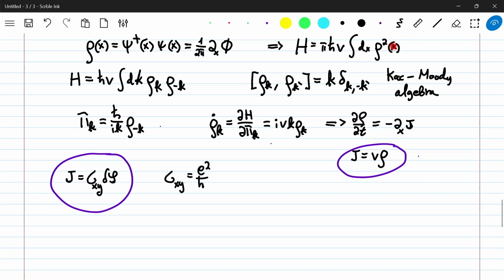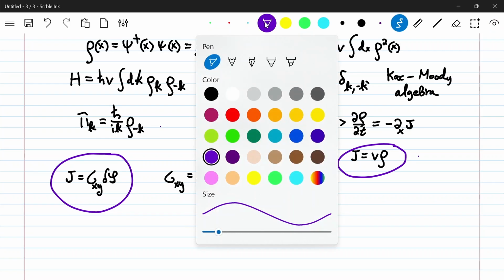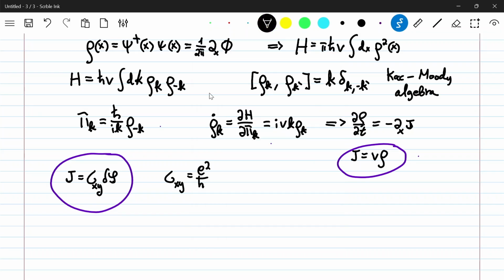I have a relation between density and current, and I have a relation between current and the chemical potential difference or confining potential. So what I can do now is to rewrite the Hamiltonian by plugging these relations into the original one, and this gives me the following result.